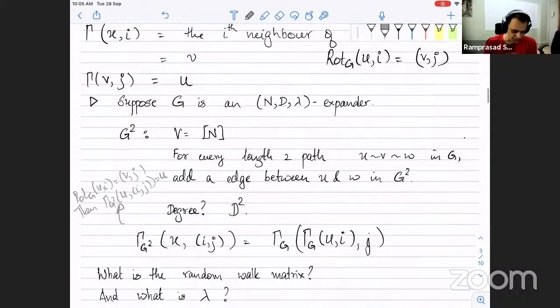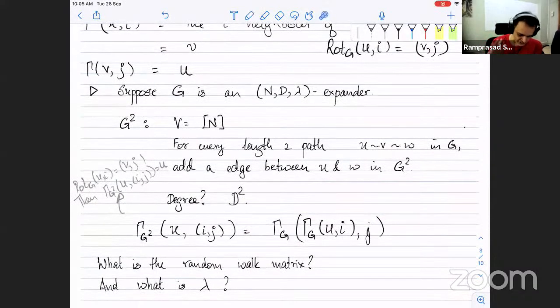Yeah. Okay, good. So now let's ask the most important thing, which is what is lambda of G squared? In order to understand this, maybe a simpler question is, what is the random walk matrix?